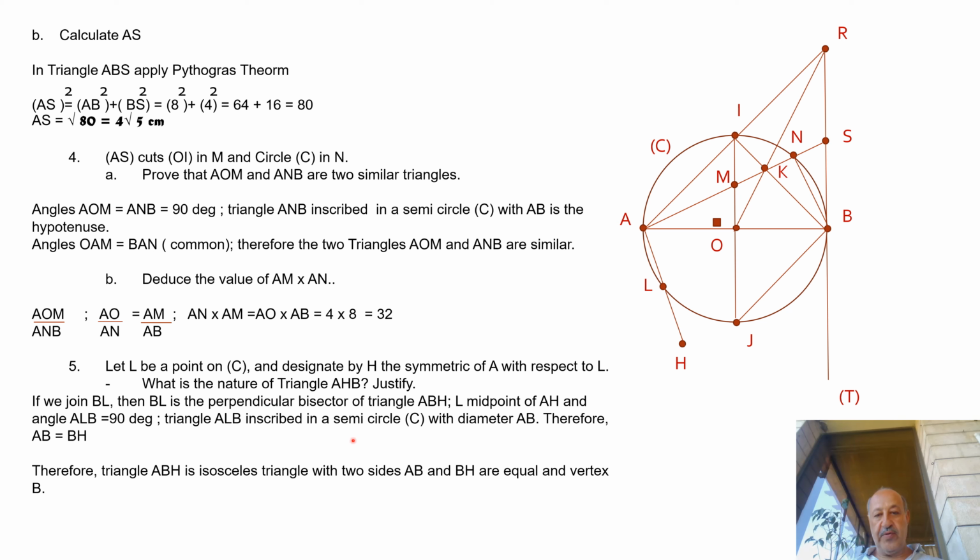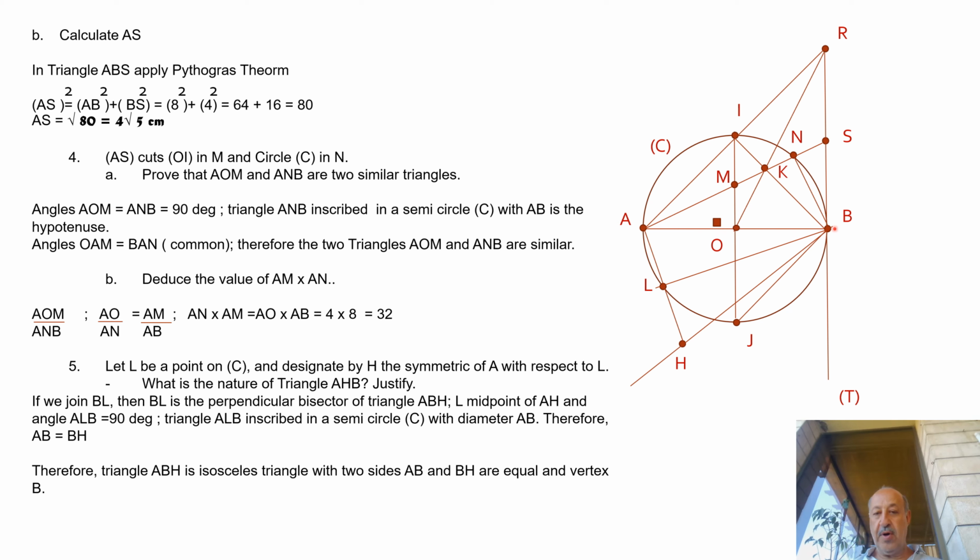What is the nature of triangle AHB? What is the nature of this triangle? Okay, if L is the midpoint of AH and we join BL, and angle ALB is 90 degrees because ALB is inscribed in a semicircle with diameter AB.